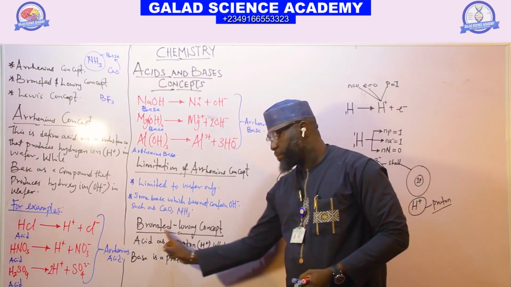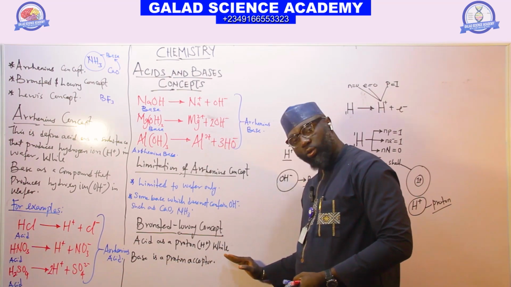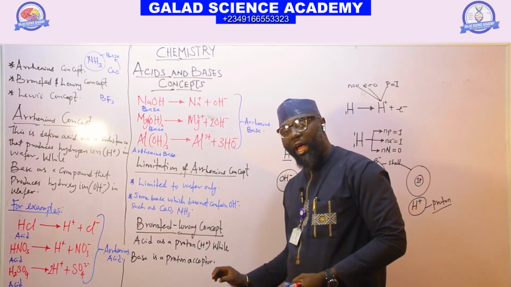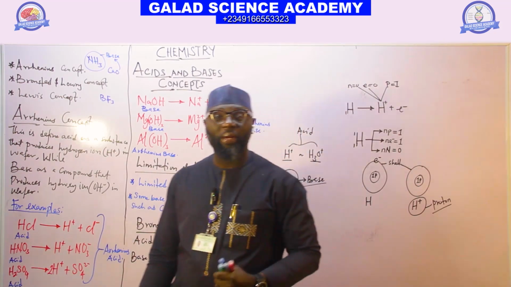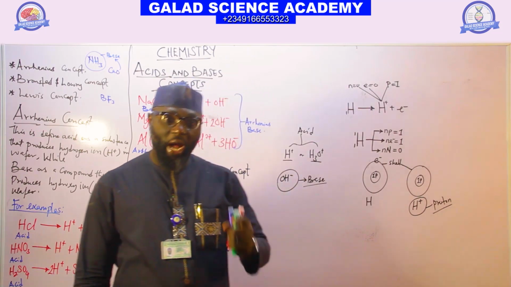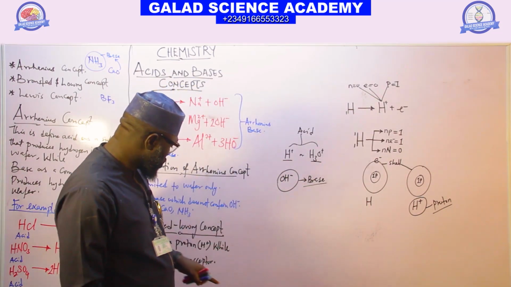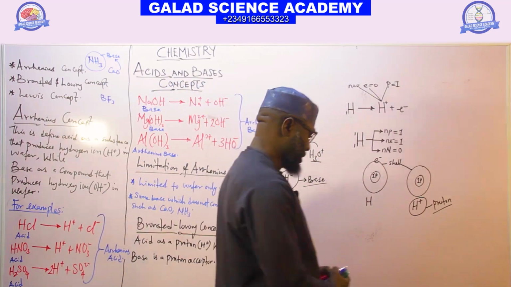See, the Bronsted-Lowry concept of an acid defines acid as a proton donor, while a base is a proton acceptor. He said any compound that has the ability to donate a proton is called an acid, but any compound that has the ability to accept a proton is called a base.